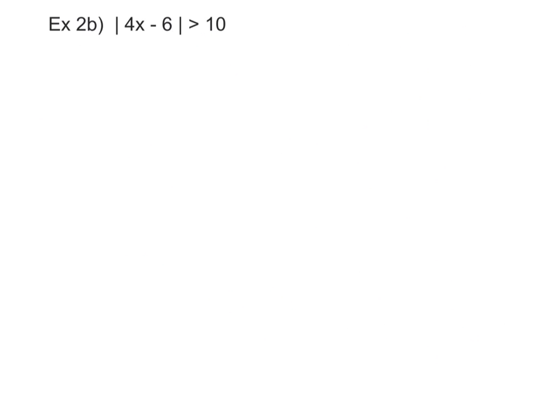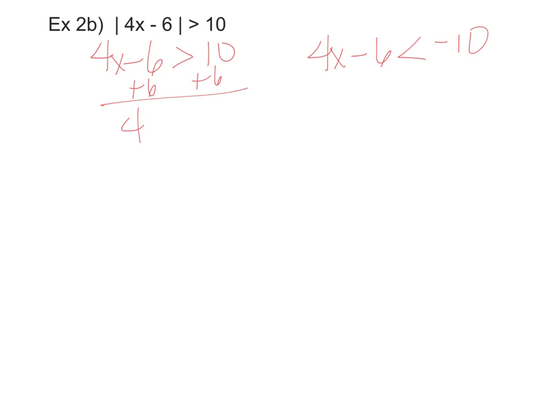So for this problem, we're going to do the same thing where we split it up, and I end up with 4x minus 6 is greater than 10. And don't forget to flip for that negative sign, so we have 4x minus 6 is less than negative 10. Now solve each one. If you add 6 to both sides, you now have 4x is greater than 16.